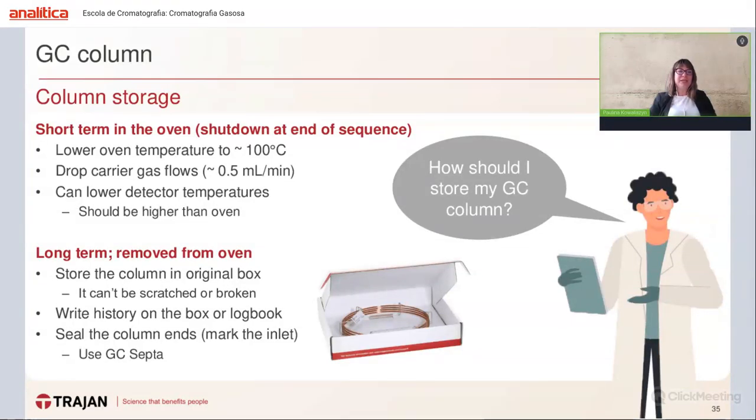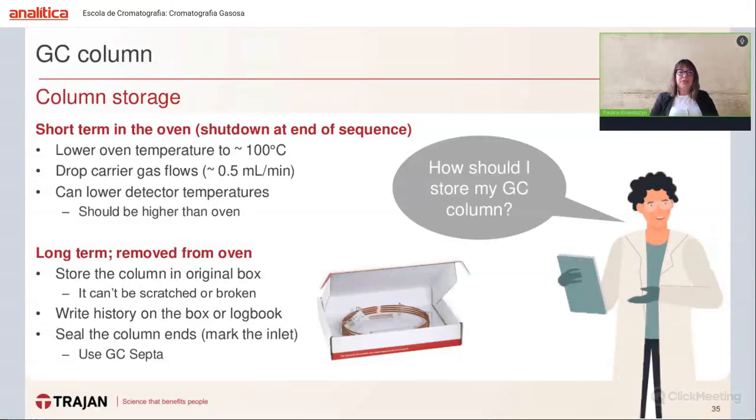In short-term storage, in the oven, after our sequence is done, we should set the oven program to lower temperatures, up to 100 degrees. The gas flow should be decreased to about 0.5 milliliter per minute. And we can also lower the detector temperature, and this will also extend the life of our column.